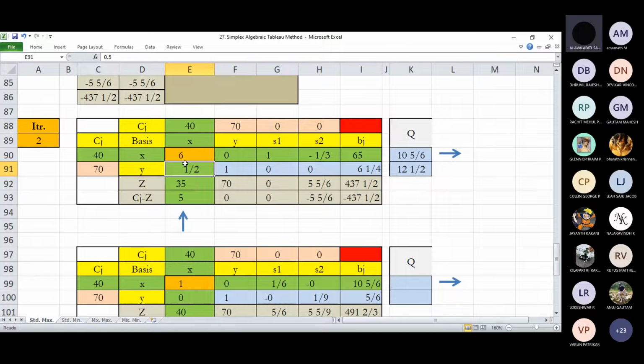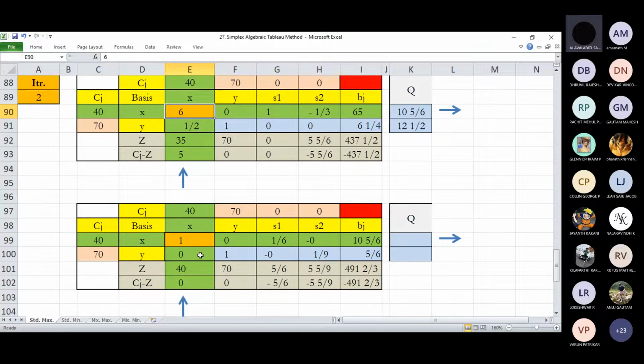The old number, which is 1 by 2, minus its corresponding element in the key row, which is nothing but 6, multiplied by its corresponding element in the column, which is pretty much the same value, divided by the pivot element, which is 6, so that becomes 0.